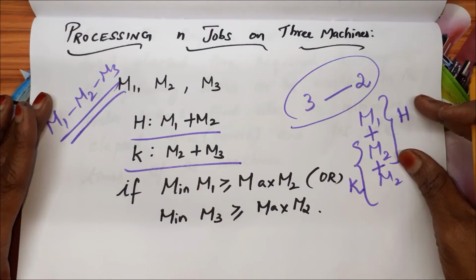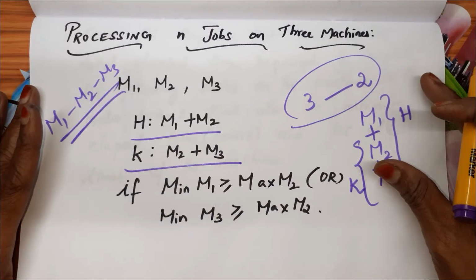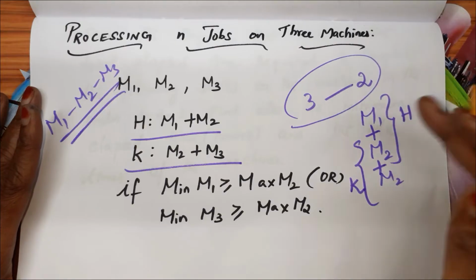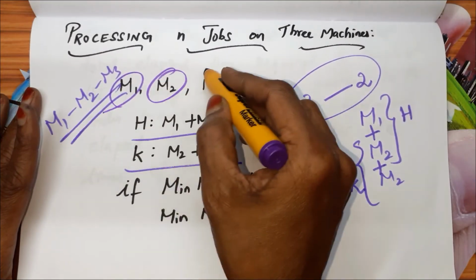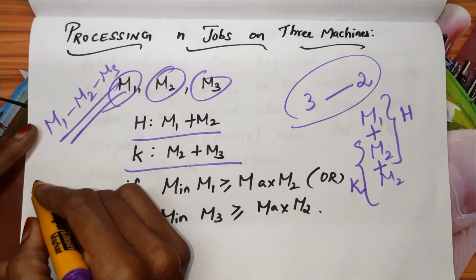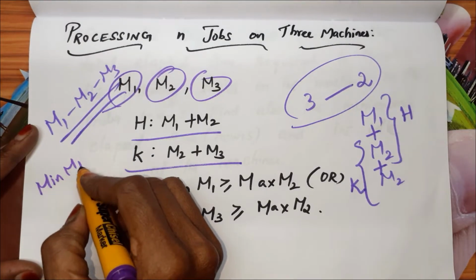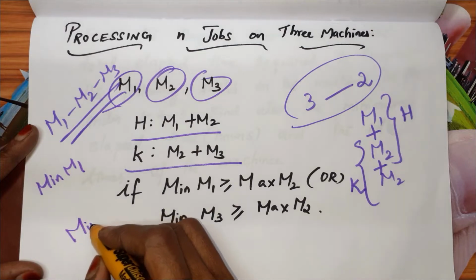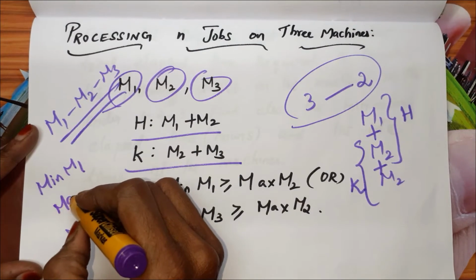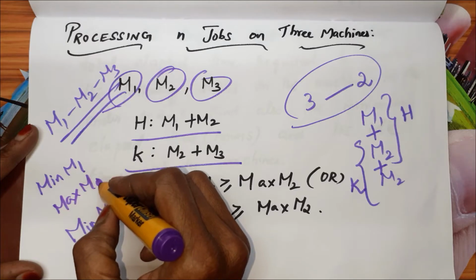Just like that, we are not able to add it. We have a particular condition. What is the condition? From machines 1, 2, 3, they will give the data. Out of that, for machine 1, we have to find the minimum. And for machine 3 also, we have to find the minimum. In between, for machine 2, we have to find the maximum.